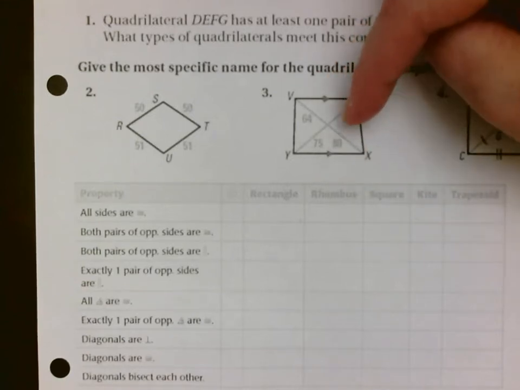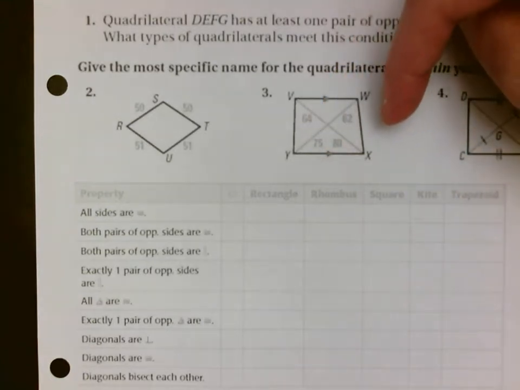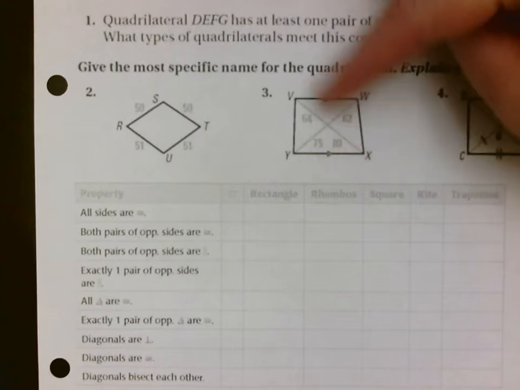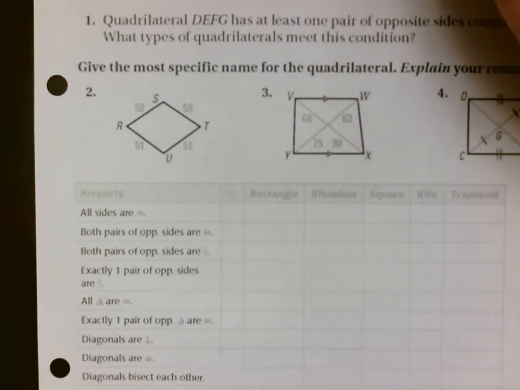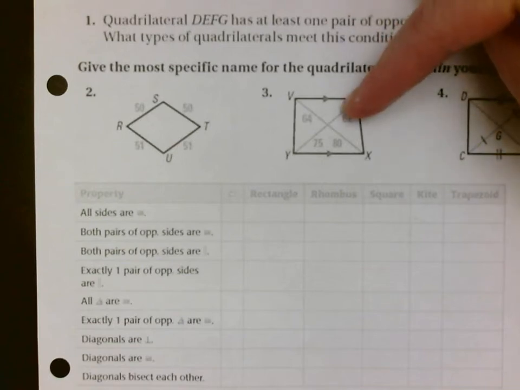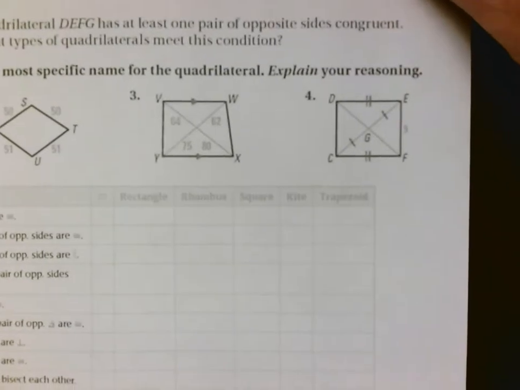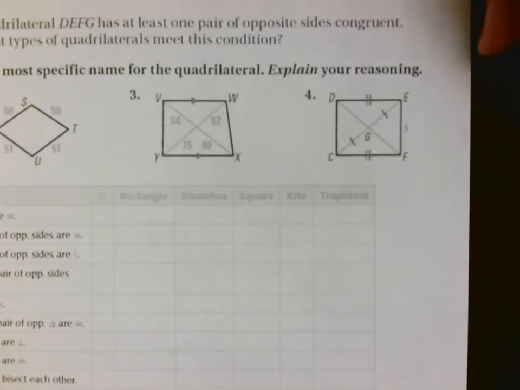Since this is 62, 75, and 64 and 80, the measurements do not add up for diagonals, so diagonals are not congruent. So therefore, this trapezoid is not an isosceles trapezoid. It's just a trapezoid.